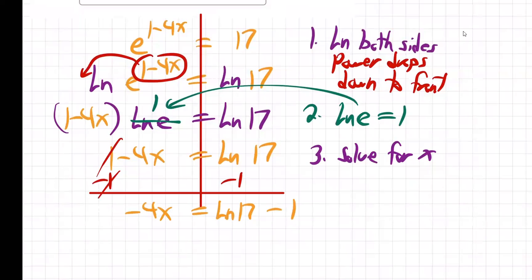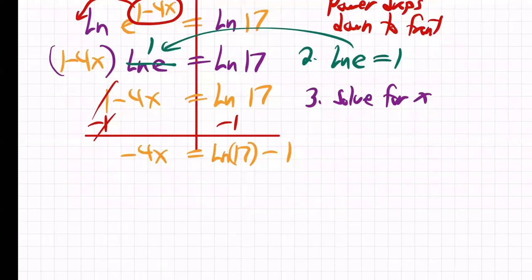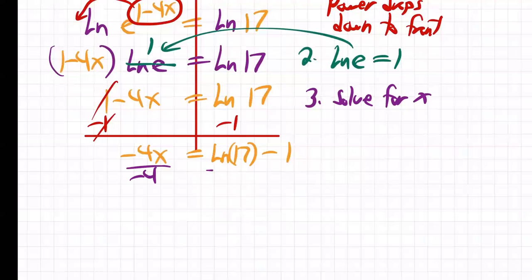That 1 cannot subtract from the 17. You can't make that ln 16 because that 1 is separate. Notice if you want, you could put parentheses like that. You don't have to, but it makes it more clear. That 1 is outside and separate from the natural log. And then last step to finish getting the x alone, divide by minus 4 like that, and x is alone.